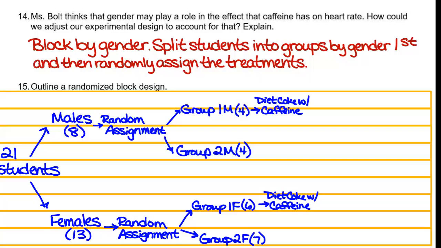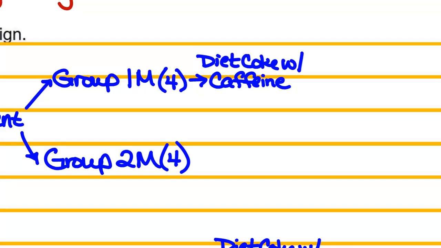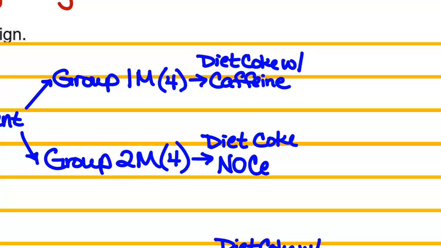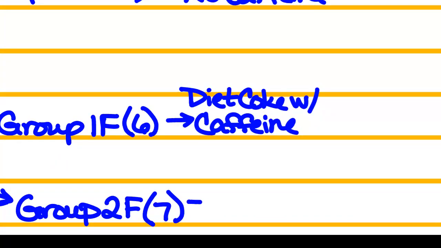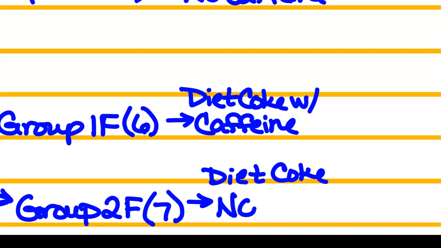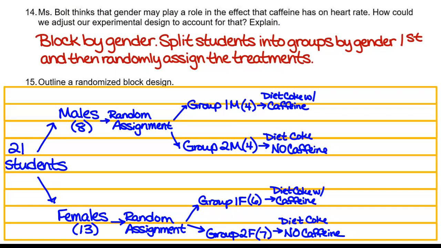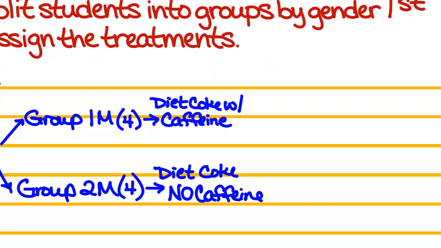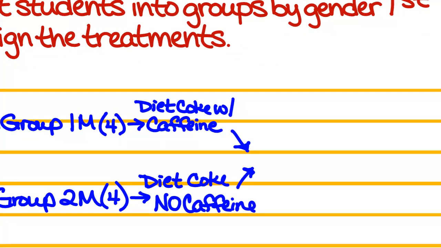And so then the 2M and 2F, Diet Coke without caffeine. All right. So everybody drank their either caffeinated or uncaffeinated Diet Cokes. What now? Yes, compare change in heart rate for each group.